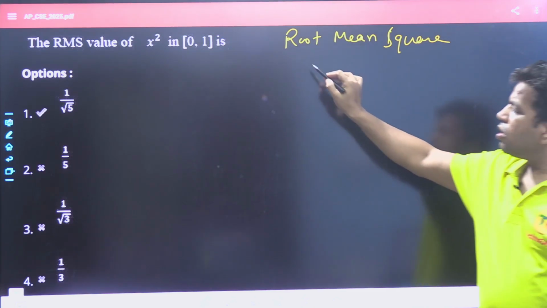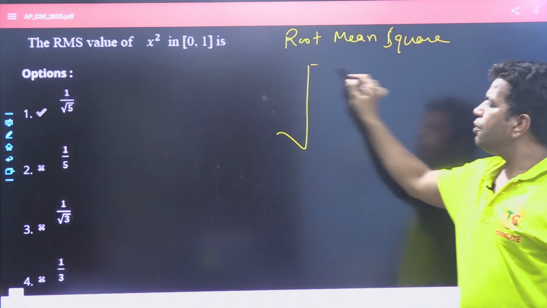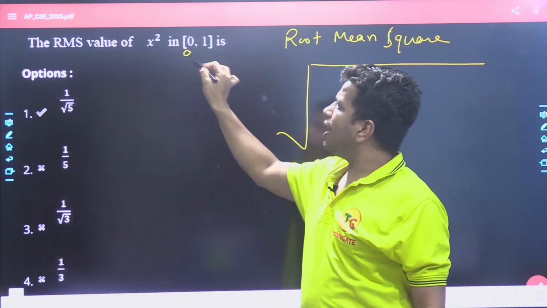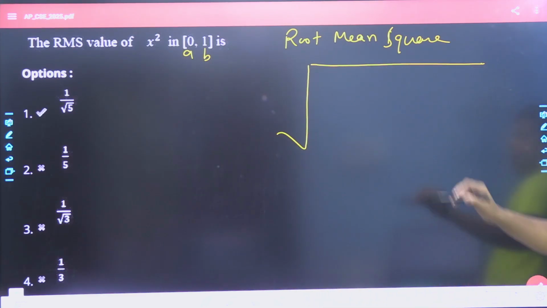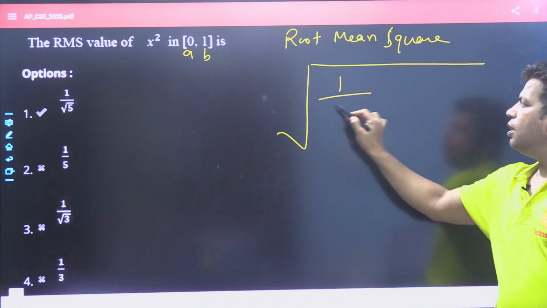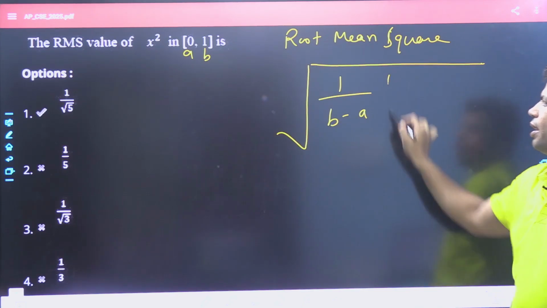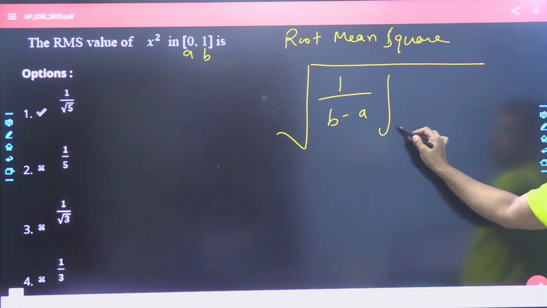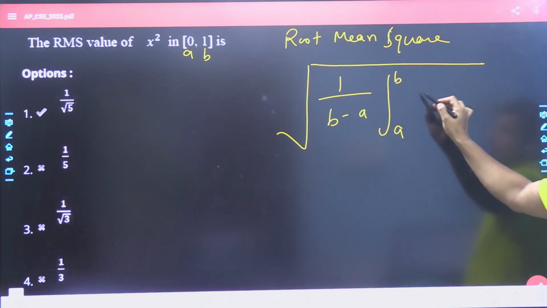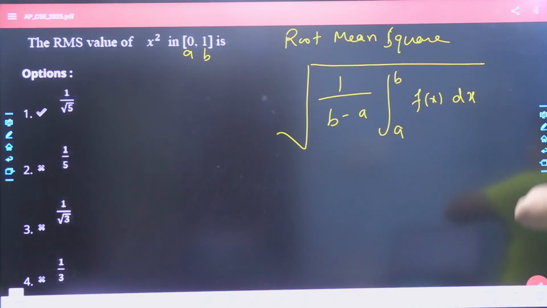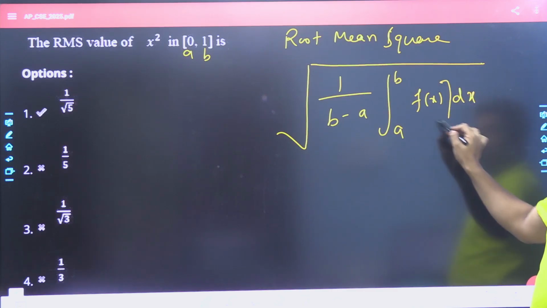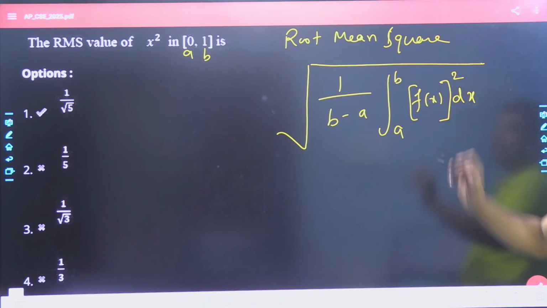Assuming the interval is a to b, it is 1 upon b minus a, integration from a to b of the function f(x) squared dx, and then you take the square root of this.